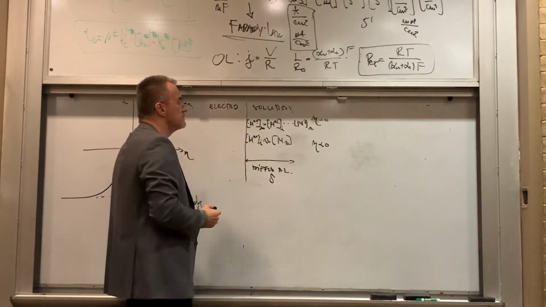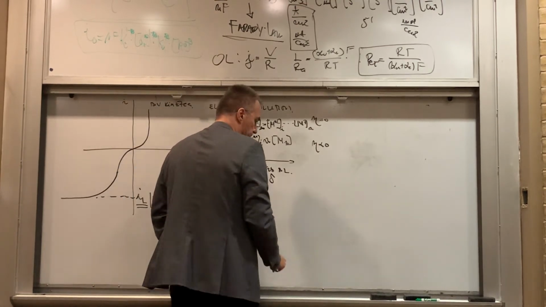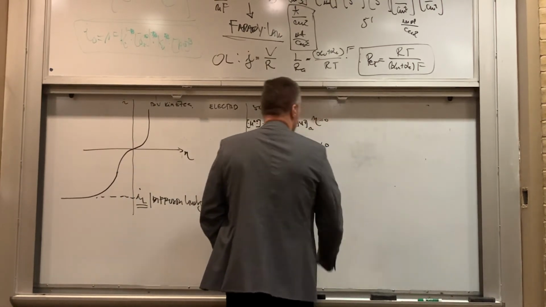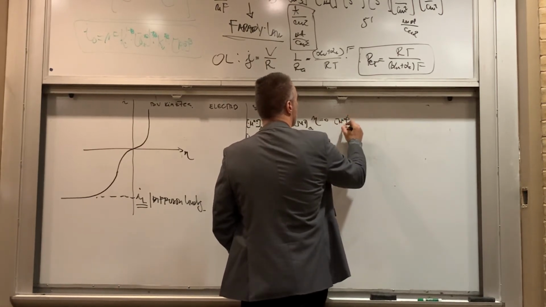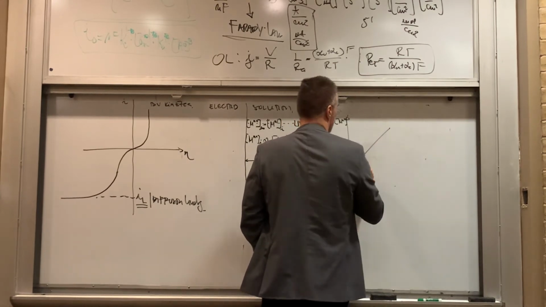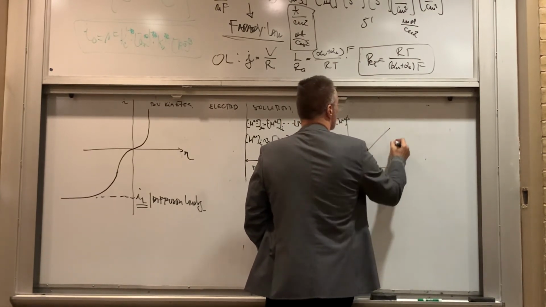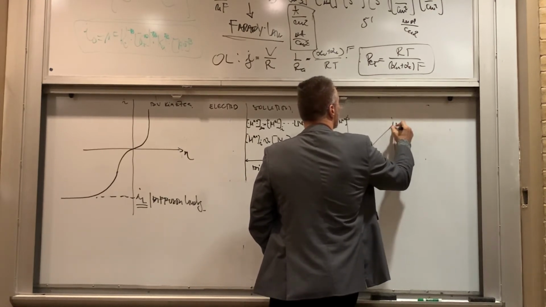But if my kinetics is fast, then I'm going to have a situation, I'm going to draw this here in terms of concentration. Here will be the concentration at the interface. This is the diffusion boundary layer. Here's the bulk concentration line.